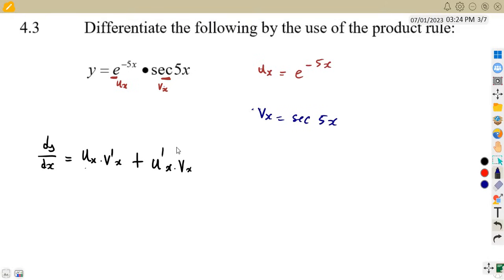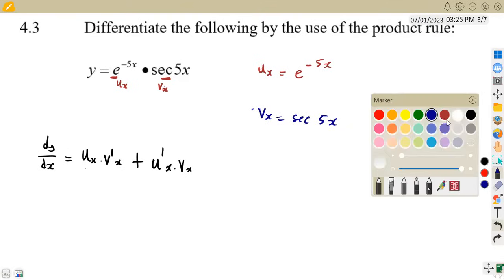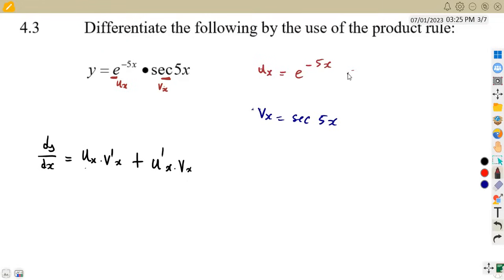From our derivatives, the standard form that we had, we talked about how to differentiate e in this case. We are given e to the exponent of negative 5x. Whenever you're given e, just know that you're going to find the derivative of this part.